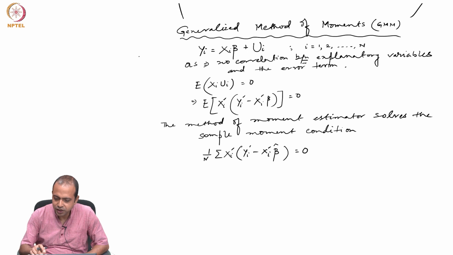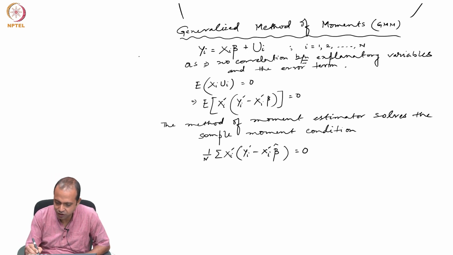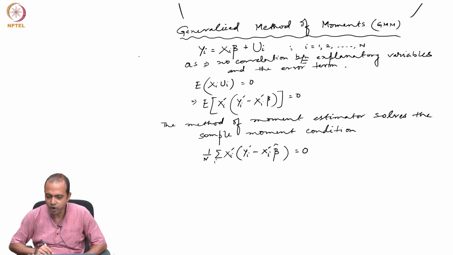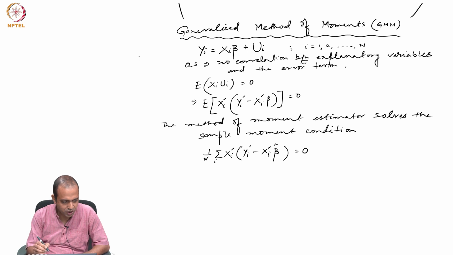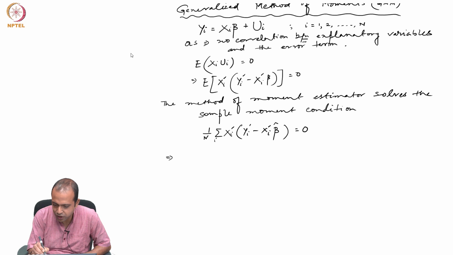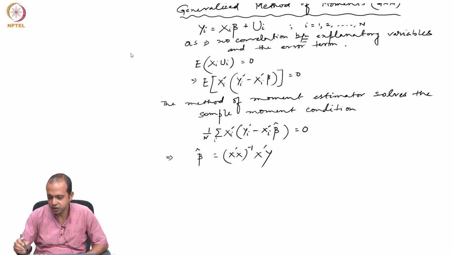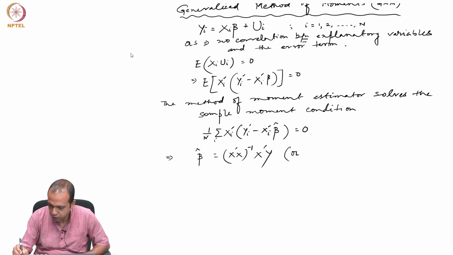I have just taken the sample moment counterpart of this population moment condition. And if you solve this equation, then you will get your OLS estimator beta hat, which is nothing but x prime x inverse x prime y, which is the OLS estimator.